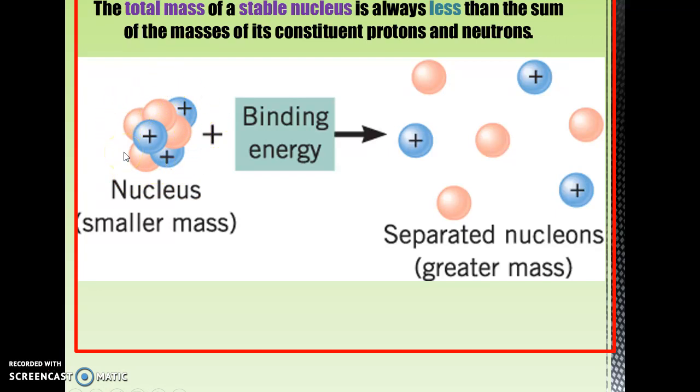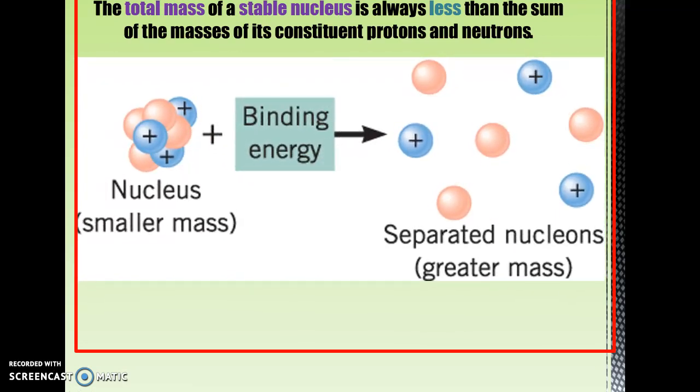So what that meant was that energy would need to be added to the left side of this equation in order to separate the protons and neutrons. And conversely, if this was what we started off with on the right, and the protons and neutrons went to form a stable nucleus, then energy would be given off.